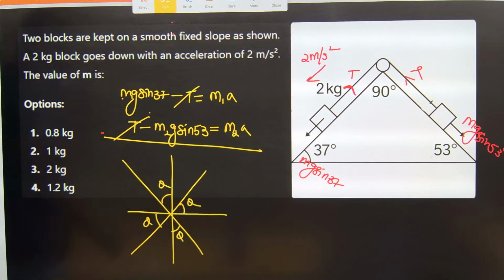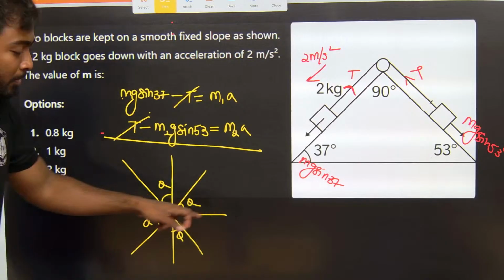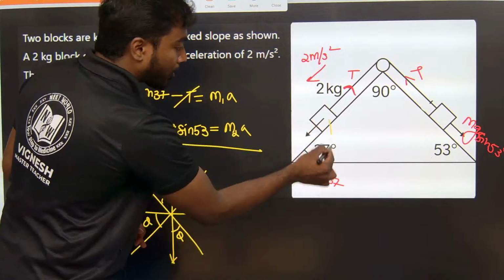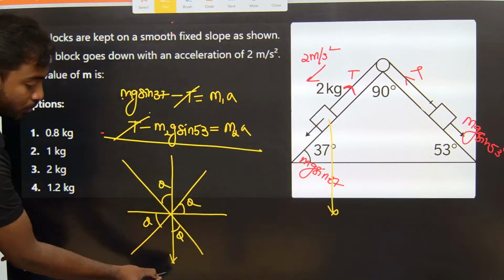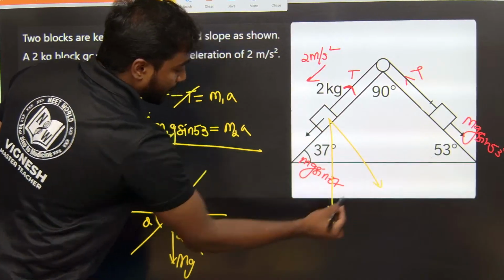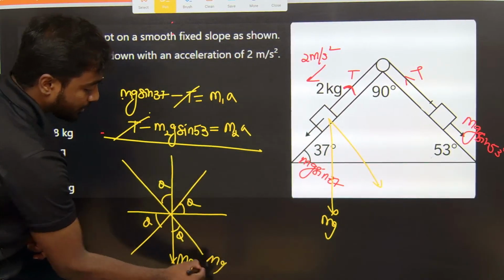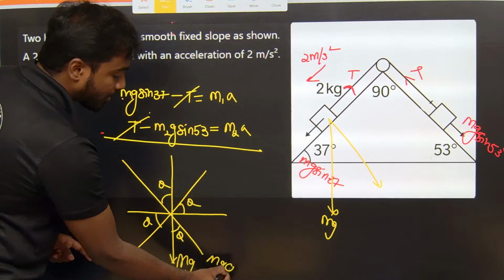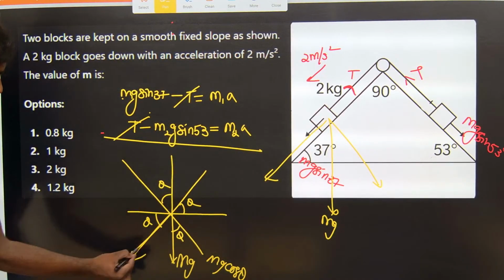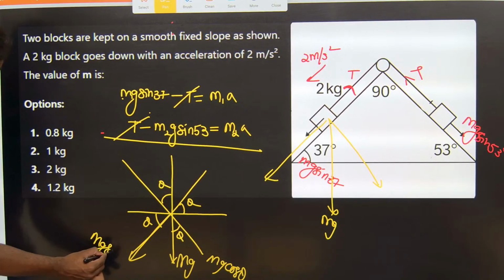So here if you see the theta, this is my mg. I will draw the mg like this. So this is my mg cos theta, since theta is near, so mg cos theta. And this is my mg sin theta.